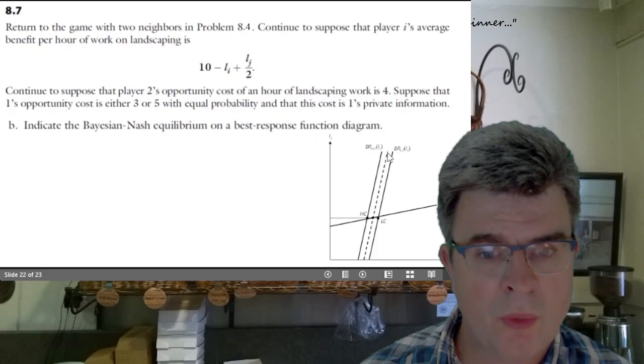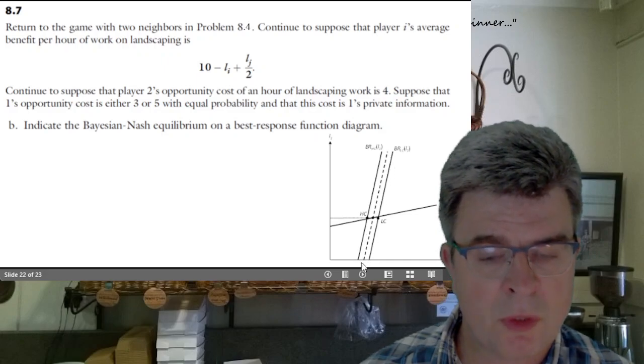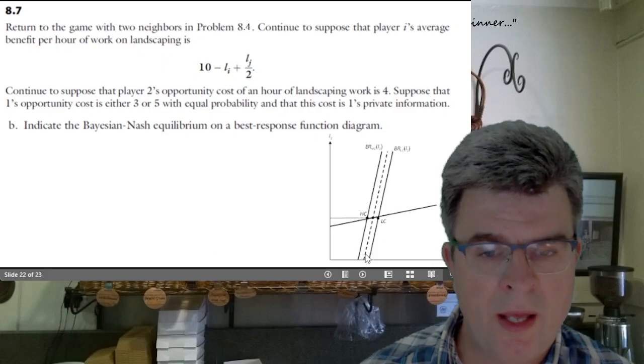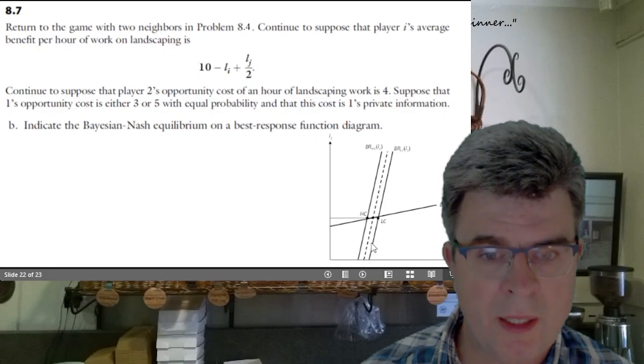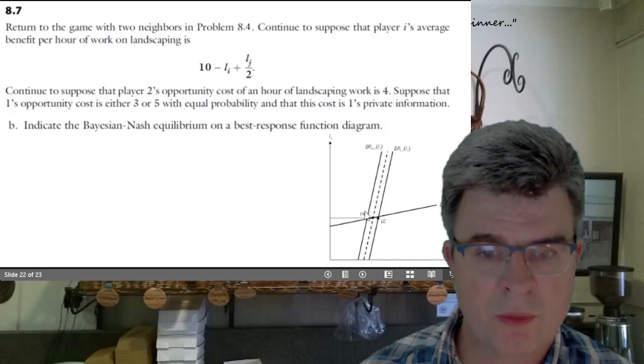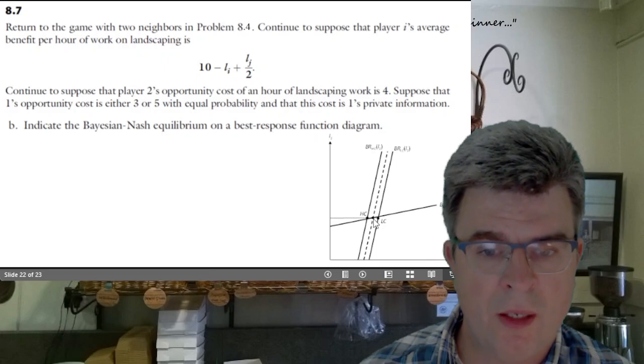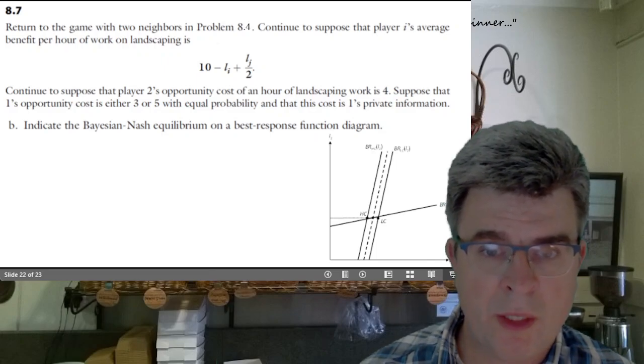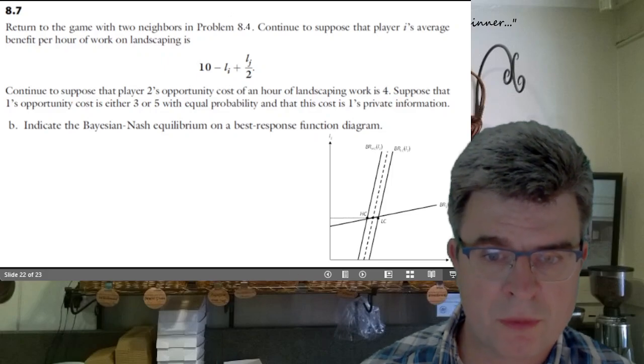So neighbor 2 will take the average best response function, so that's the dotted line over here, and then will play the action that he would play when he would face this average best response function.